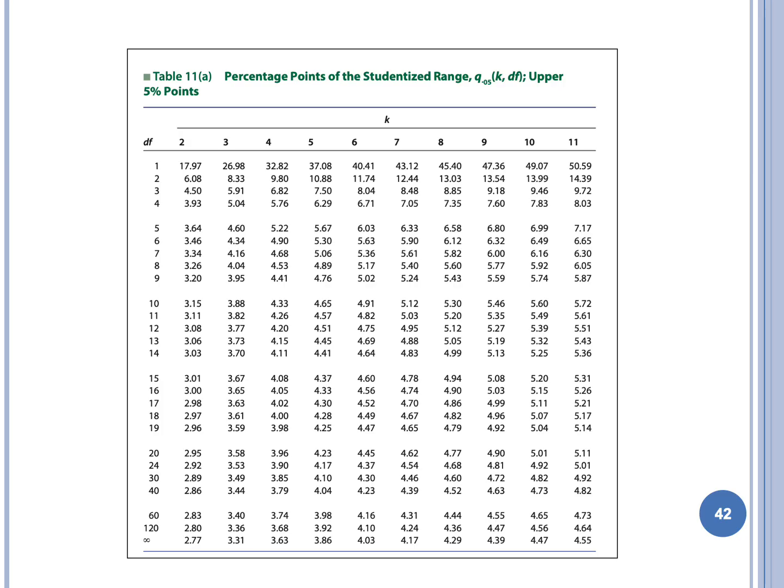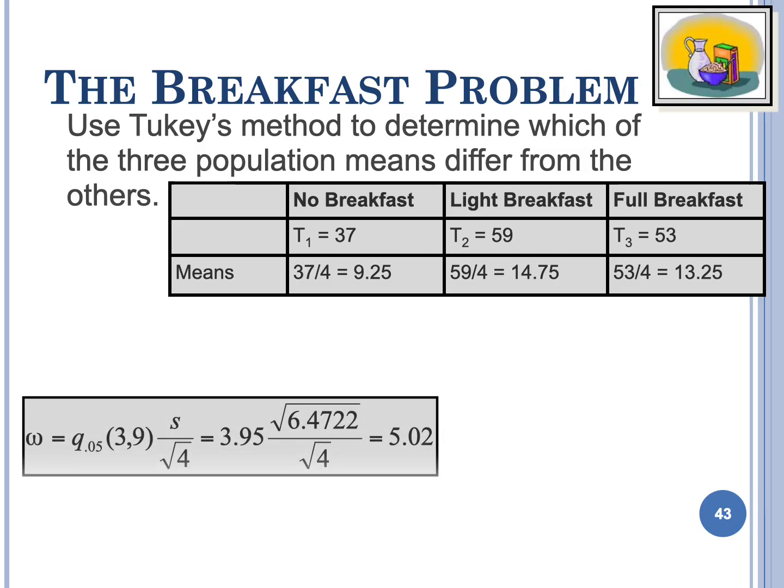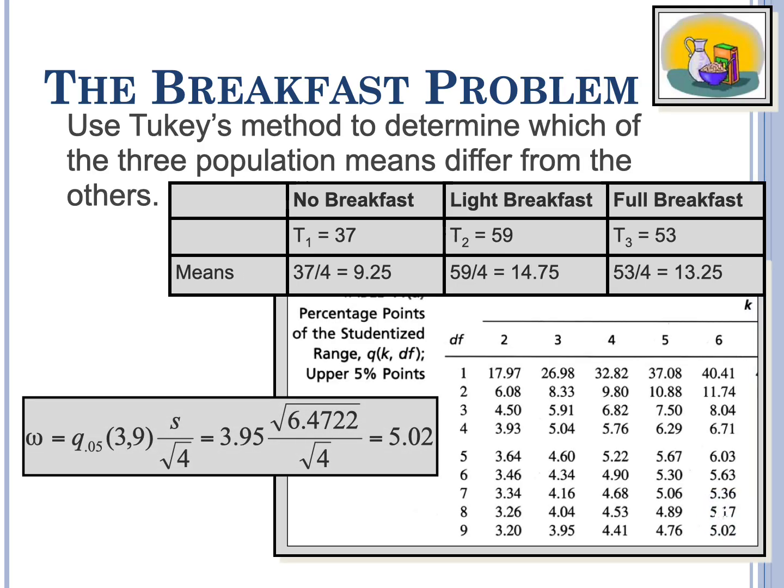So now let's go back to our example. We have 3 meal plans, and the treatment mean can be calculated directly by dividing the treatment sum. Okay, so to find the omega value, the first step is to find the critical value, which is 3.95 as we just indicated. And here, the textbook slides are very considerate.